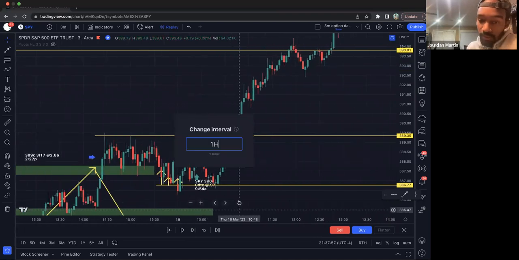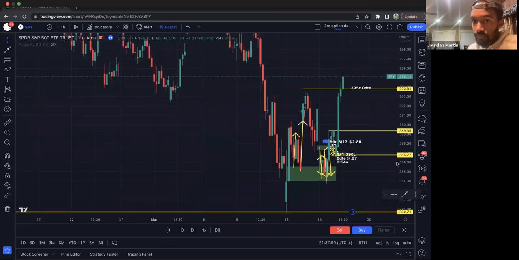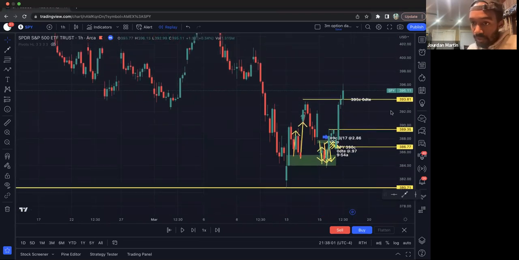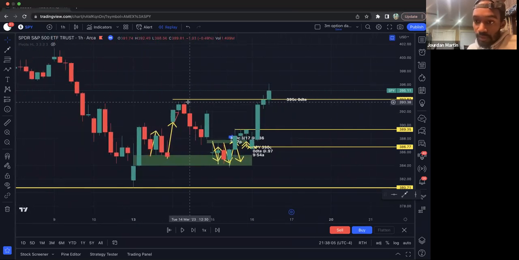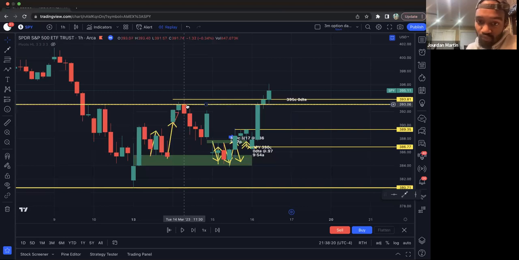All right. And if we zoom out, we can kind of see where those came from. So here's my 390. Is this candle? Somewhere over here, it was one of these candles that gave me my 393. Yeah, so here's where I got my 393 from.